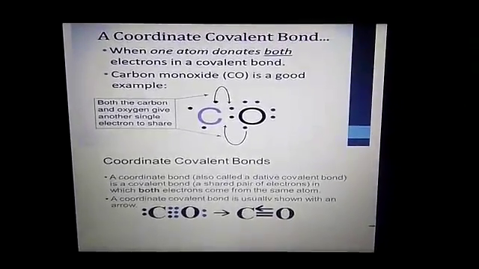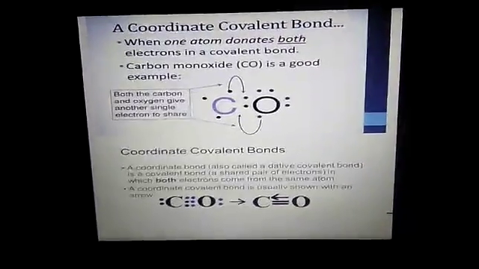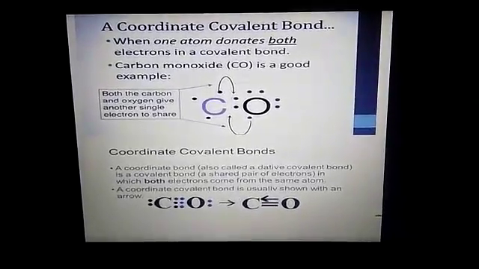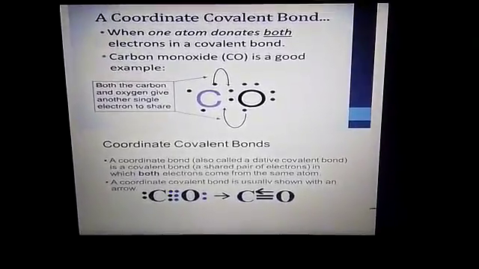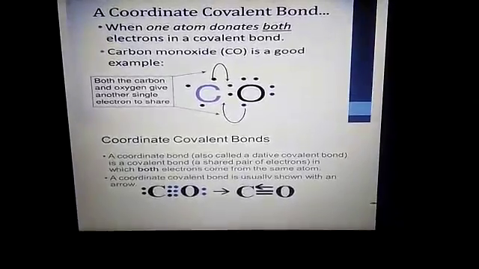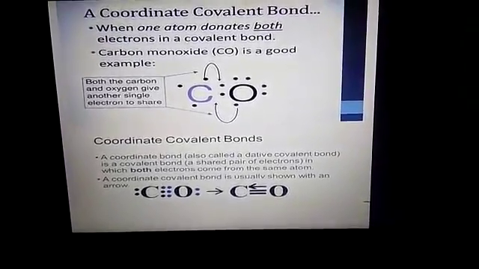A coordinate bond is also called a dative covalent bond. Why? Because it is a shared pair of electrons in which both electrons come from the same atom.